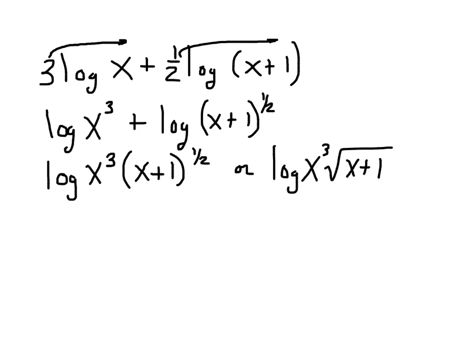And the reason for that is because this half power, half is the same as square root, because we would put a 2 in there, but that doesn't do anything other than, that's the understood number there. So either way, those should be acceptable. Depending on your instructor and what they would prefer you to write, they are interchangeable.